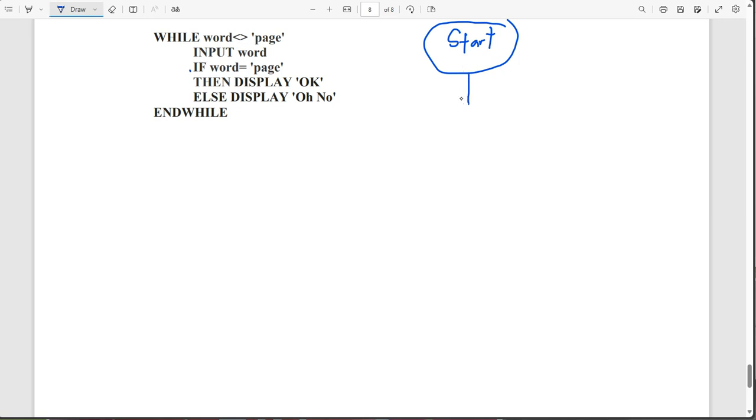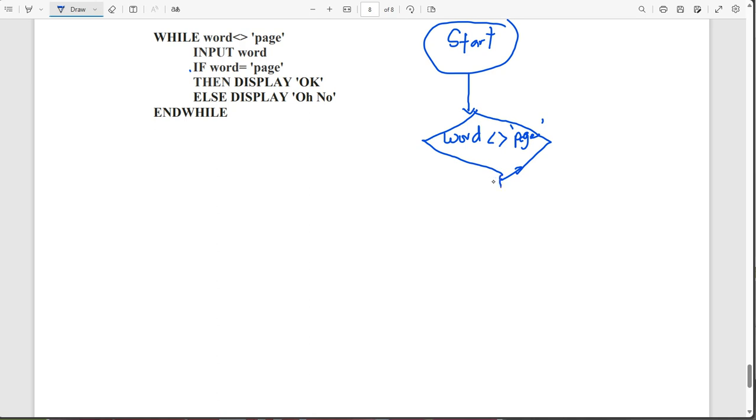It says while word is not equal to page. So that we know, that should be in a decision box because that requires a yes or no. Yes. Don't laugh at my decision box, but that's a diamond.